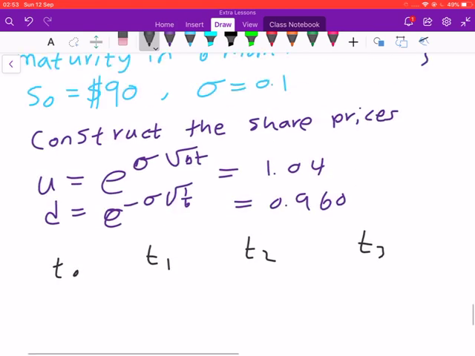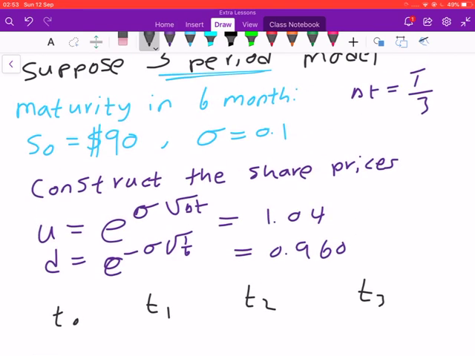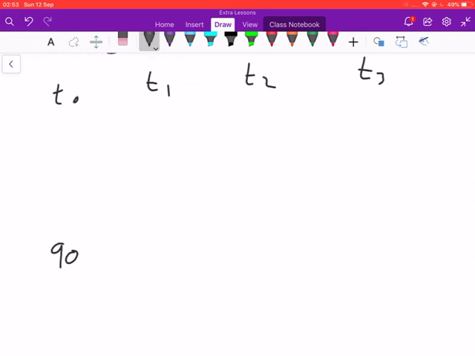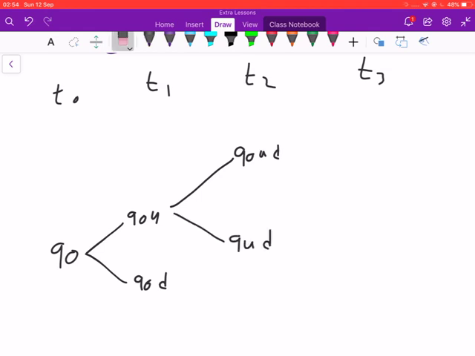The share costs 90 rand, as they have said. The volatility parameter is still going to be 10%. So in the first period, you will have 90 U, and then you will have 90 D, right? For the second one, you will have 90 UU, 90 UD, and 90 DD.